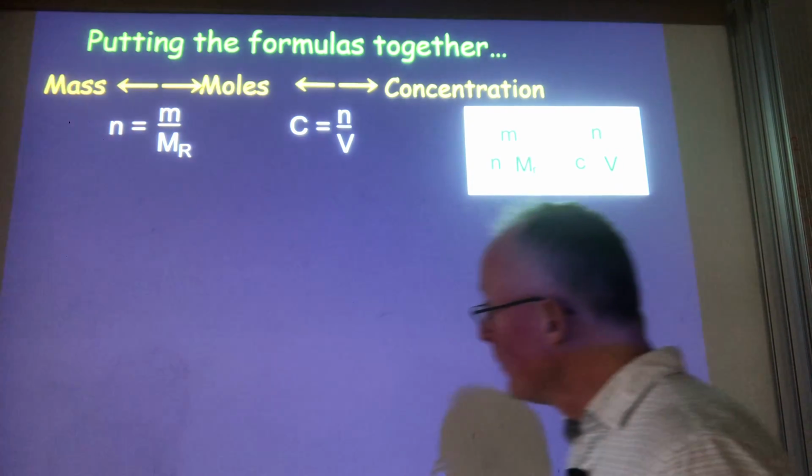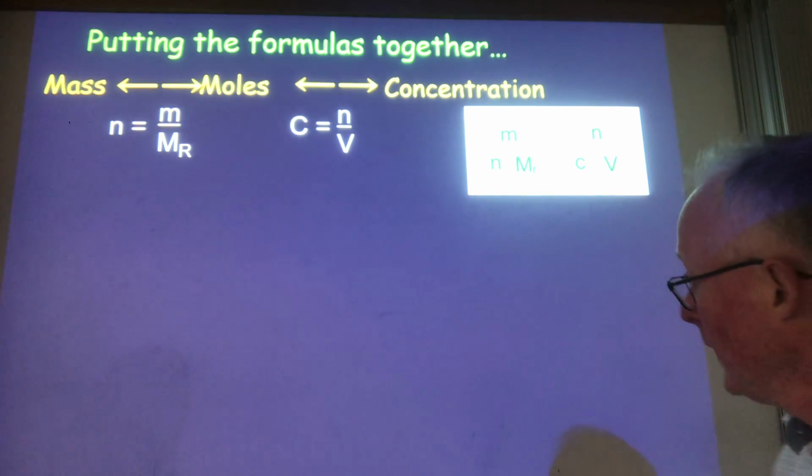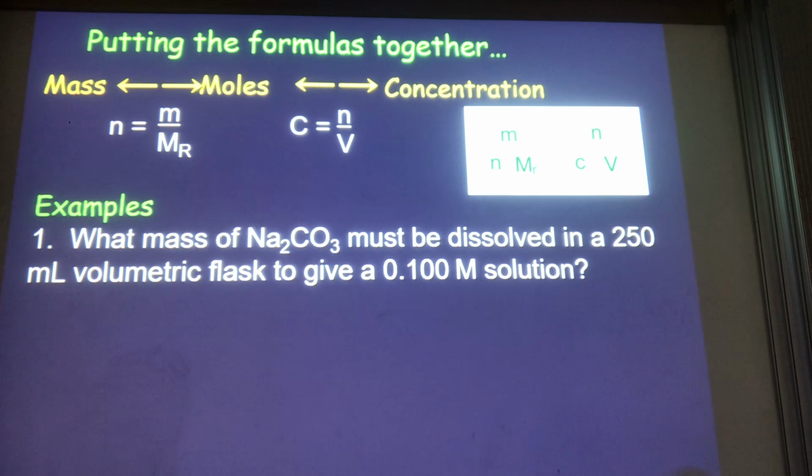Of course, when you're dealing with moles, we have got the mass formula that we can use whenever we like. So the two formulas are linked together, of course, by the number of moles. So you might be given a concentration and be asked for a mass, or vice versa. So this time we start off with the concentration.